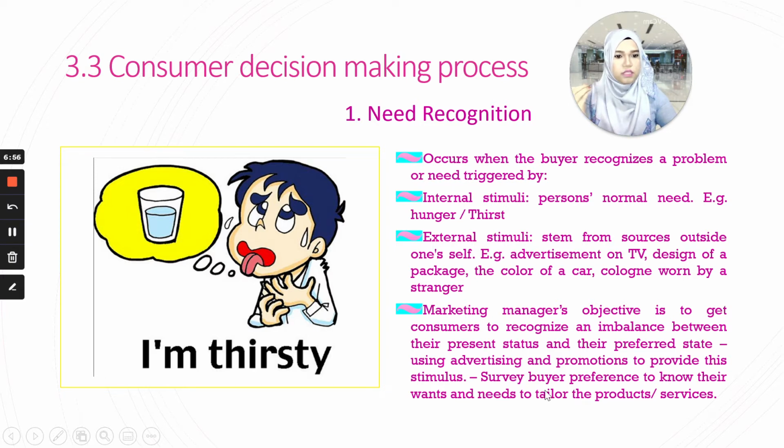You can do surveys on buyer preferences to know their wants and also needs to tailor the products and also the services. So basically, first thing first, you need to understand in the consumer decision making process, first step is need recognition, because before you start to buy things, you will recognize there is this imbalance whereby you feel you need something. Okay, there is the need recognized by yourself.